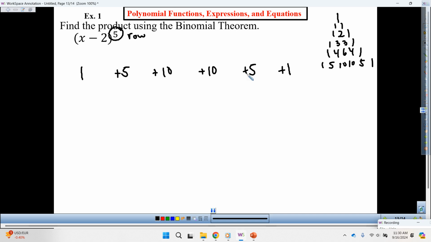Now here goes the next part. Look up. Term 1. Ready? X to the 5th. Next term, X to the 4th. Next term, X to the 3rd, X to the 2nd, X to the 1st.